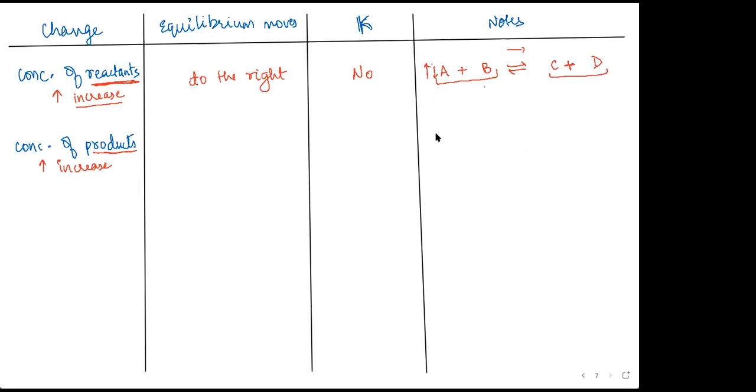Left. Very good. Yes. The concentration of products increased, so the reaction will try to decrease the concentration of products. It can do that if the reverse reaction takes place. So now the equilibrium will shift to the left. What is the effect on the equilibrium constant? Nothing, it will remain the same. Yes.